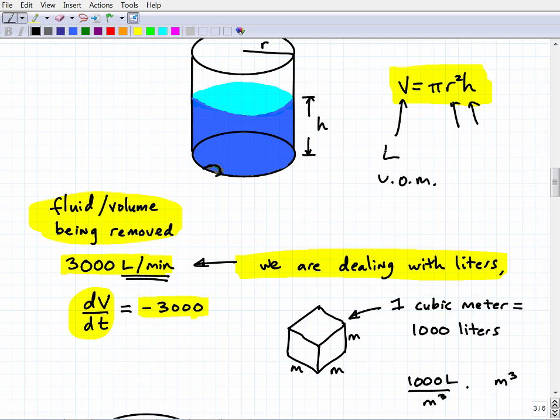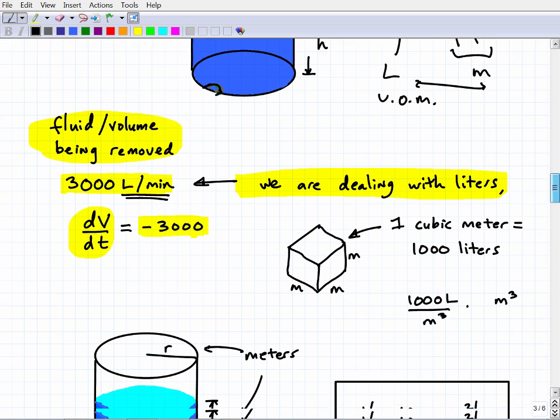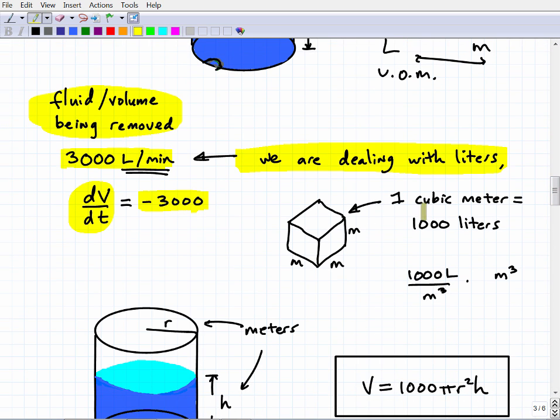If it was gallons or something else, it would be different. So now we have to consider what unit of measure our radius and height are going to be. Well, we want to use meters because meters is connected to liters, and specifically 1 cubic meter is 1,000 liters.